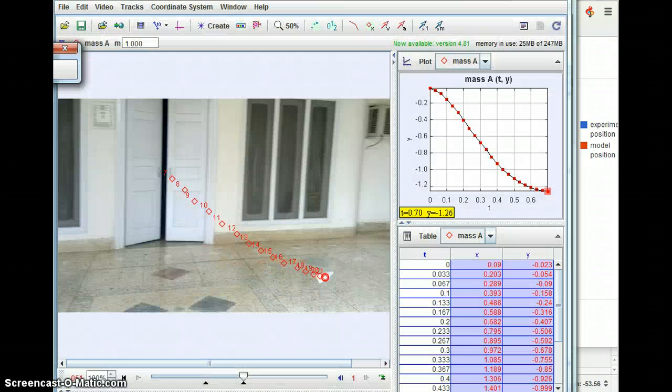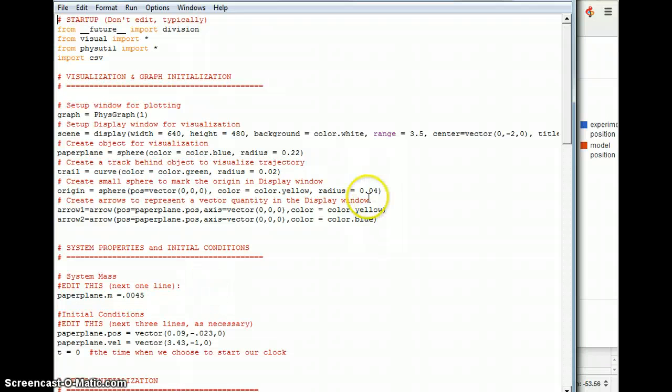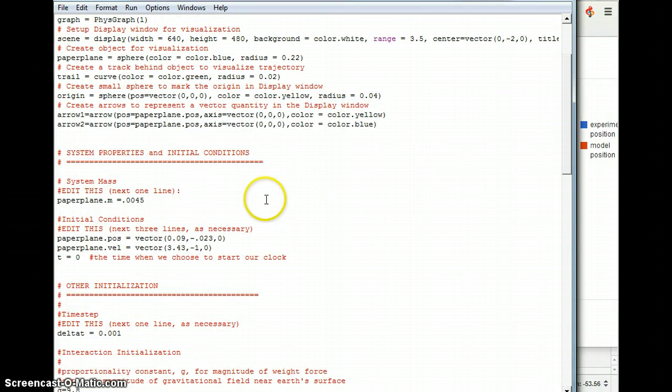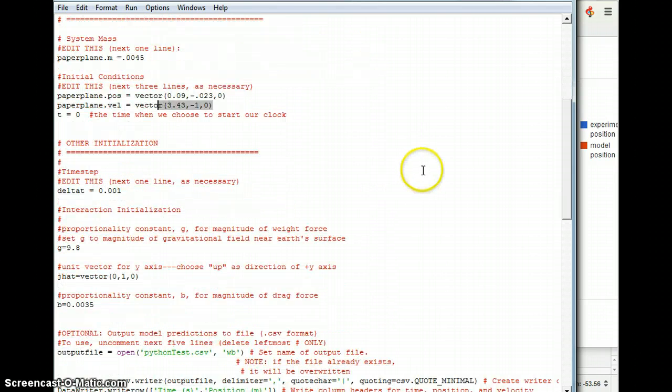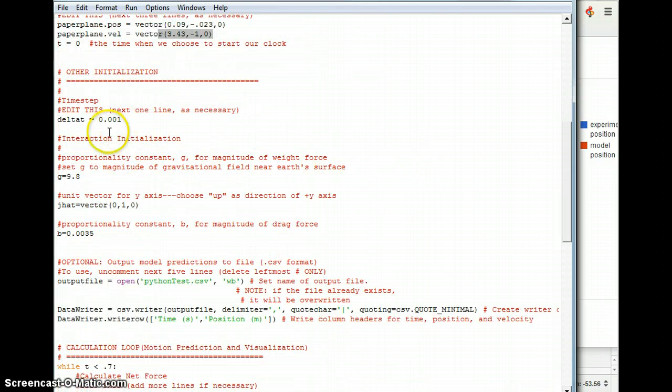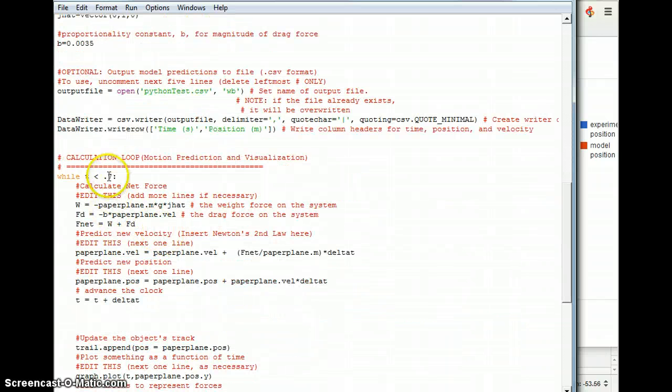By using VPython, I construct a computational model. Here is the paper plane, the paper plane mass, the position data, the initial velocity, the acceleration due to gravity 9.8, the b constant 0.0035, the total time 0.7.